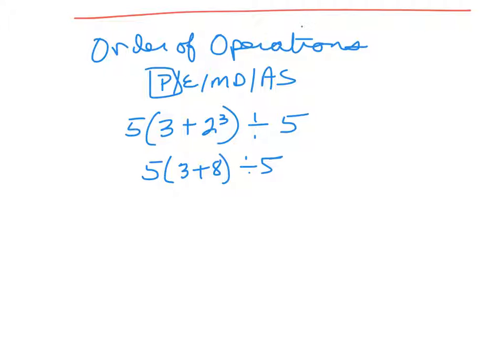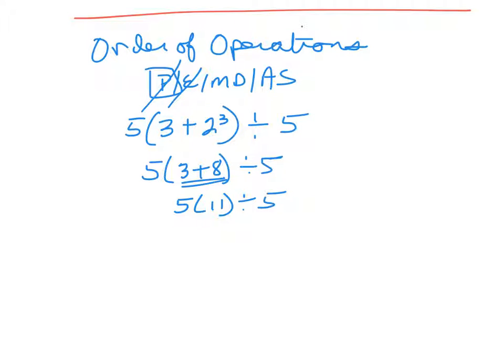We're still inside the parentheses. So next thing we're going to do is 3 plus 8. We're not going to try to do anything besides that. So I got 5 times 11 divided by 5. The parentheses are finally done. There are no exponents. They're done.